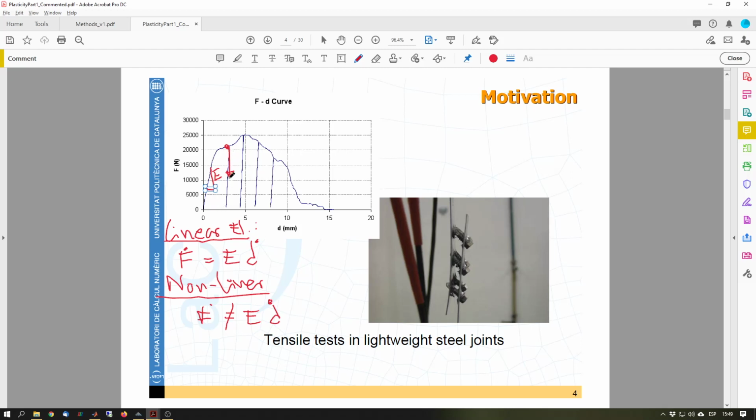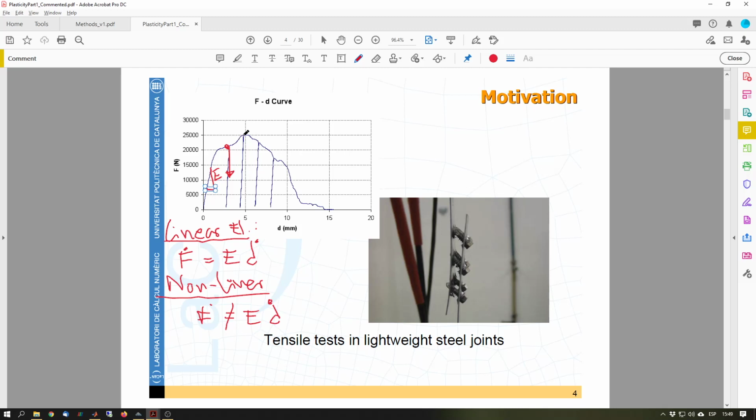And we keep loading, pulling up to the moment that the screws are again tight and carrying some force, and at that moment we have another loading branch like here.